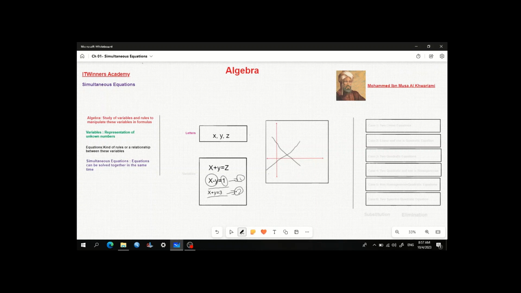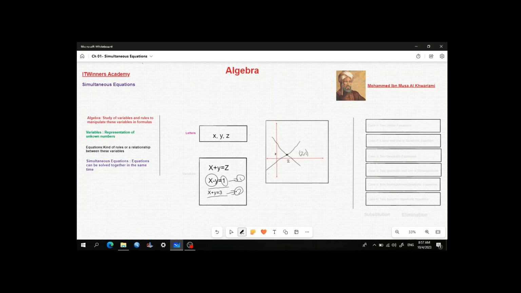I can say this point is the intersection between these lines: 2, 1.